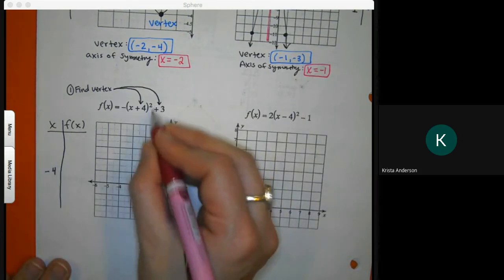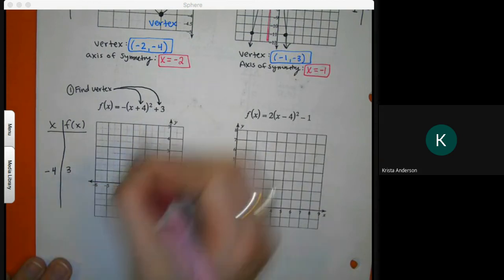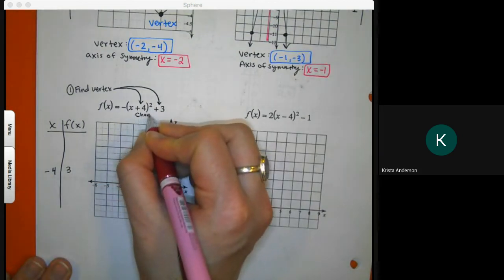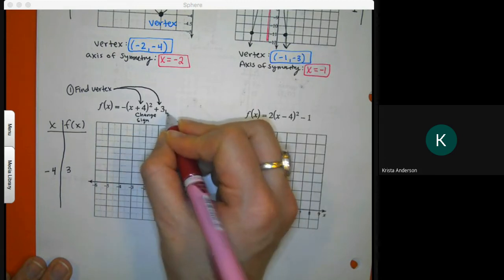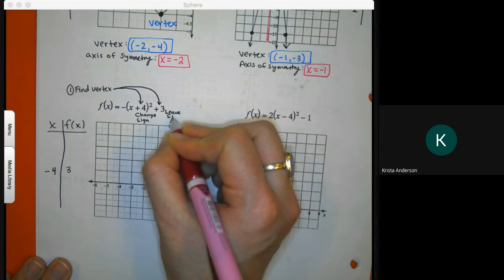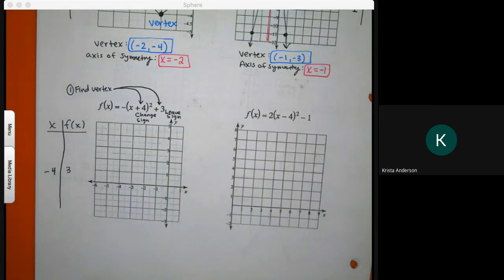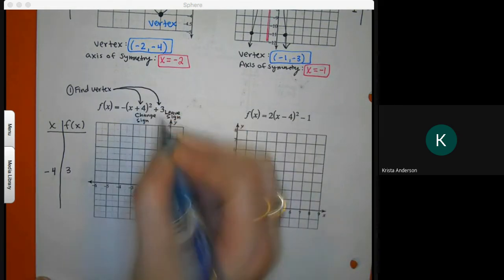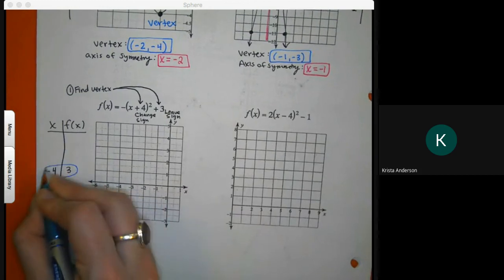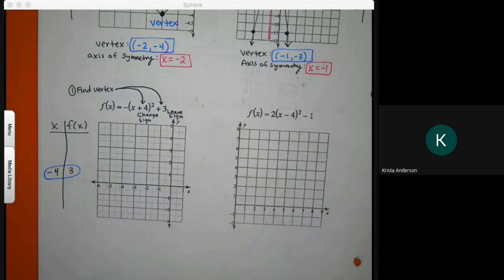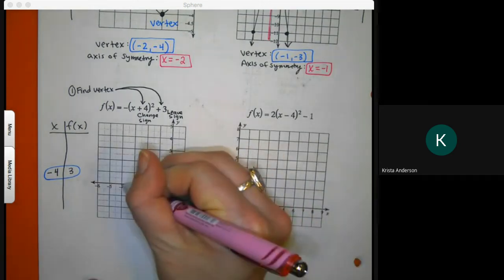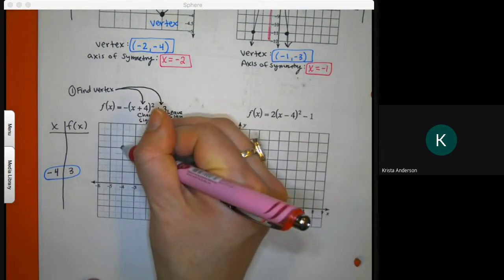The positive 3 stays the same. That is the center of my graph. -4, 3.